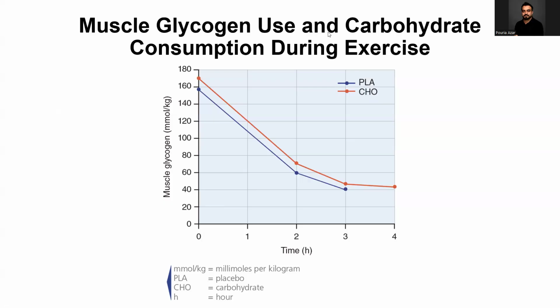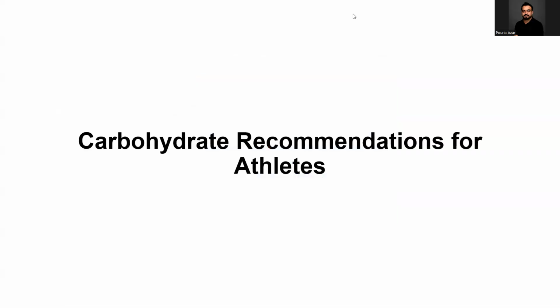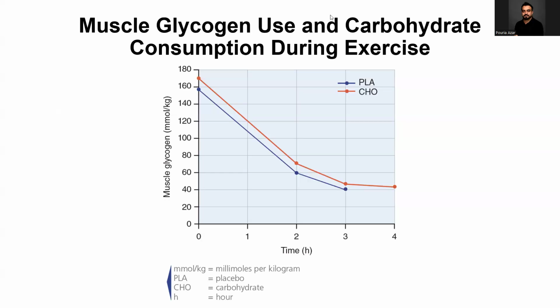So remember, when we try to explain or interpret the results of a study, we want to see whether there is a significant effect or difference between groups. But here we can conclude that when we are given carbohydrates, it increases the muscle glycogen levels. That's all we can conclude.